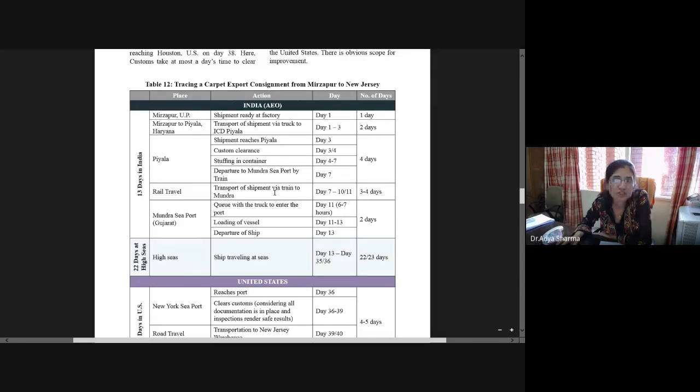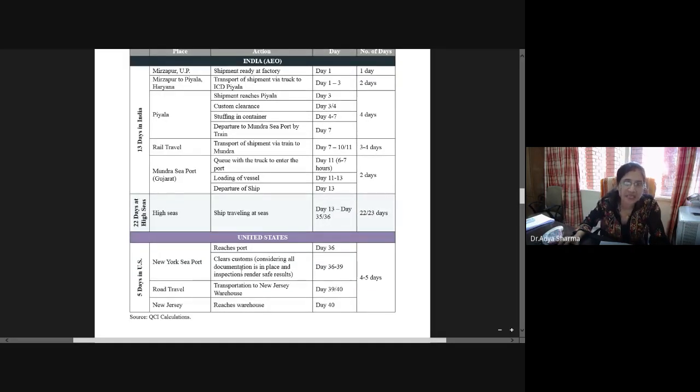Then from Piyala, it goes to Mundra port. Over there, all this clearance happens. Count the number of days. 2, 4, 6, 6 plus 4, 10, 10 plus 2, 12 days. On the other hand, once it reaches a New York seaport, it takes 5 days to reach the consumer.